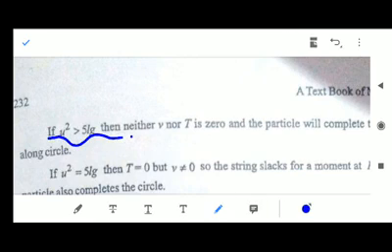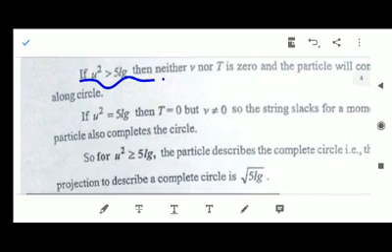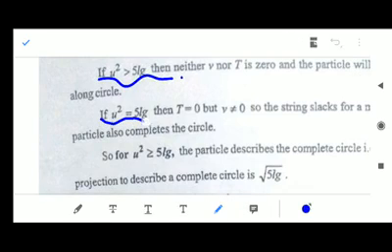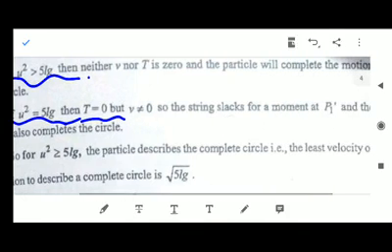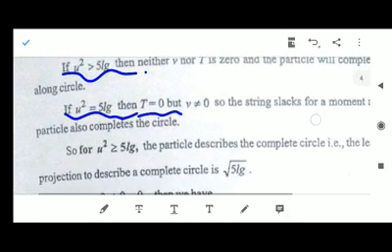Now again, if u square equal to 5 Lg, then from the expression of T, we can see that T equal to 0 in this case, but V is not equal to 0. So the string slacks for a moment at P1 dash and the particle also completes the circle.